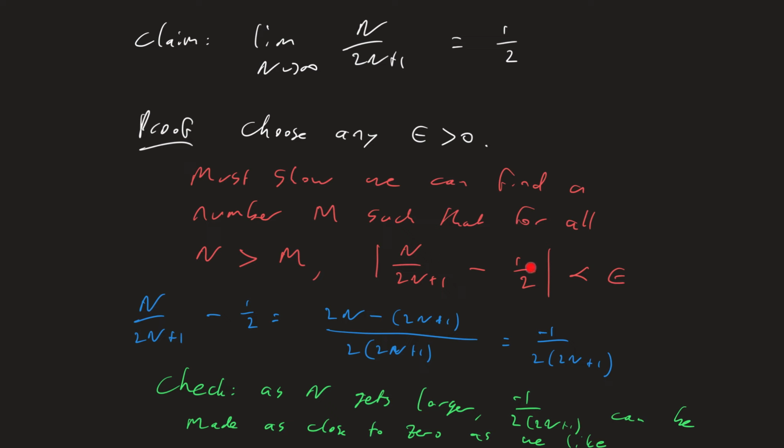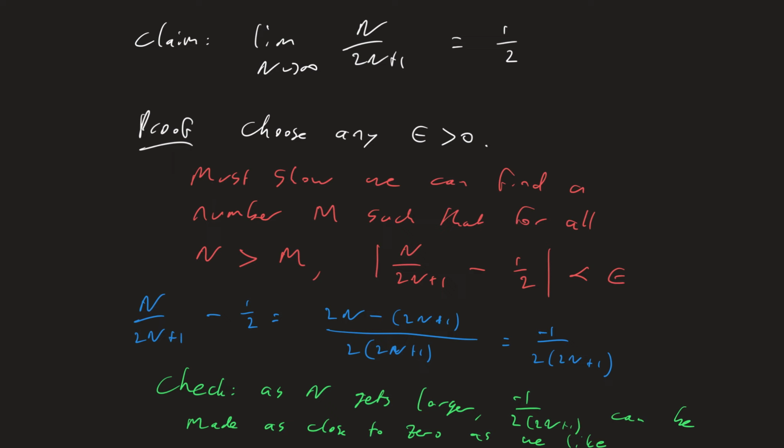So we want to find a value for big N when this expression is as close as we like to a half. So have a look at this expression here. We simplify it. We say that it's equal to this quantity here. The hope is that as big N is large, this number is very close to 0. And so we first of all check intuitively that that is the case.